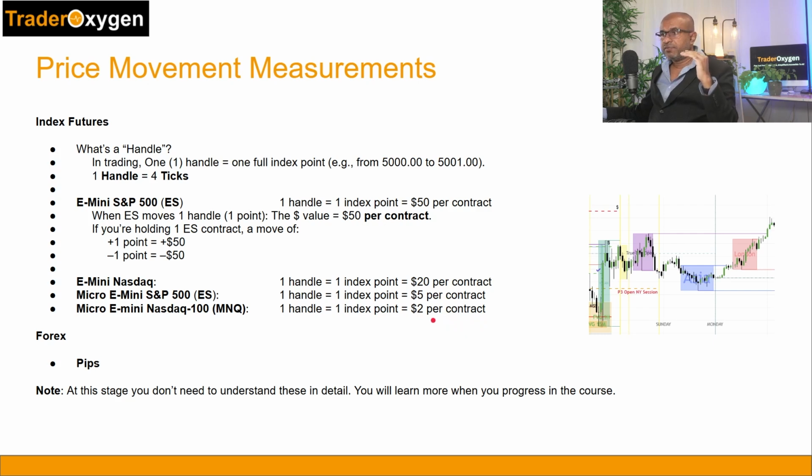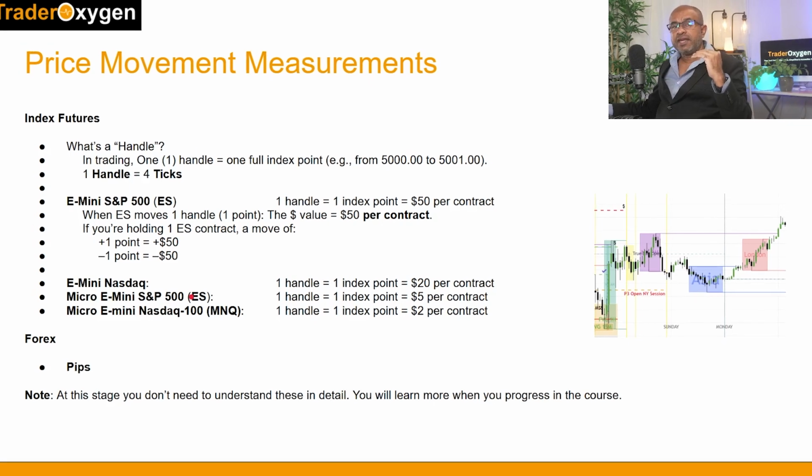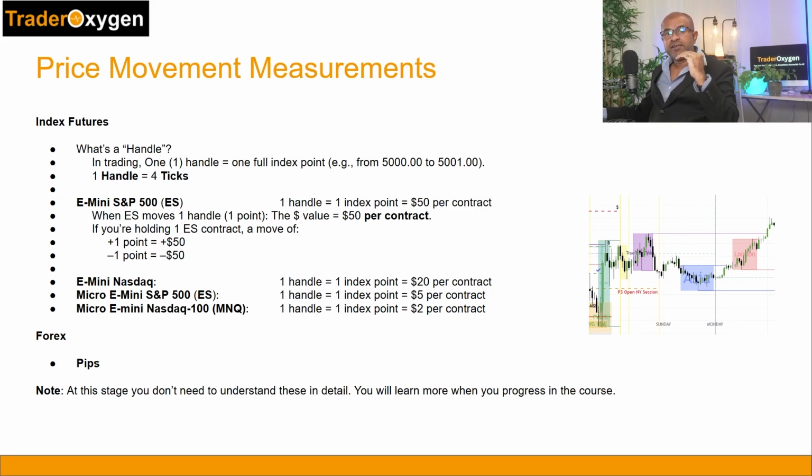You can see out of this list, micro E-mini Nasdaq has the lowest dollar value per contract. That is why, if you are a new trader, you should start trading micro E-mini Nasdaq index futures, because you can risk a smaller amount, and if you lose, you will lose a smaller amount. So don't worry if that is not clear, because we will show that in future lessons with real trades.